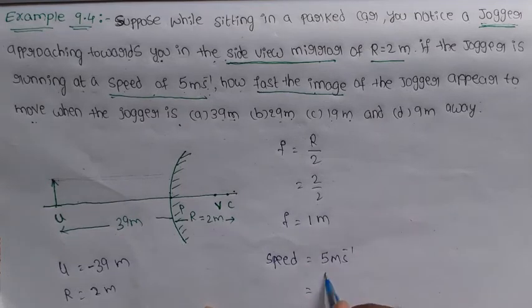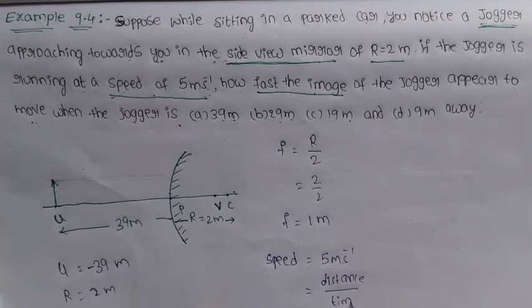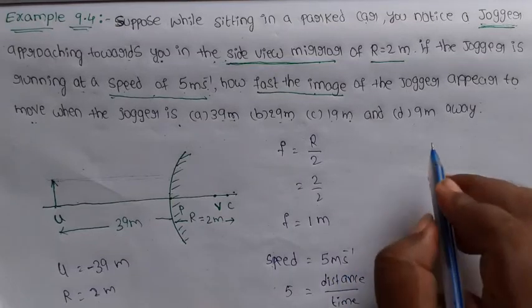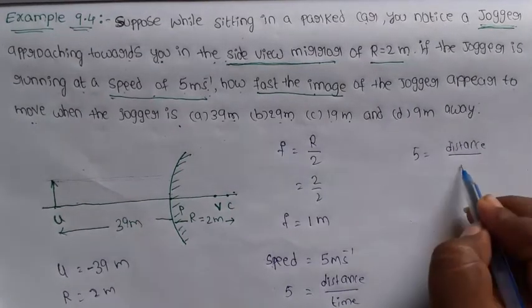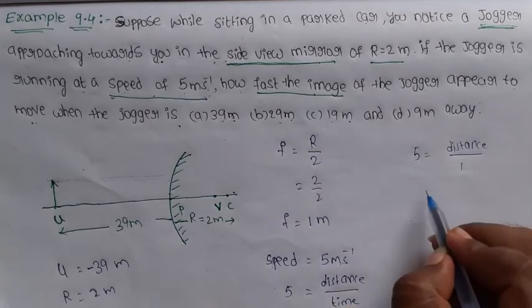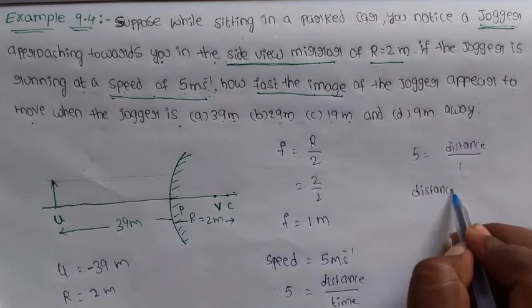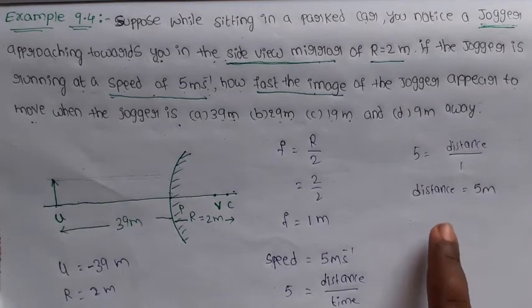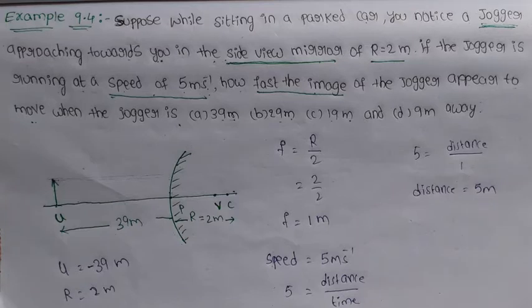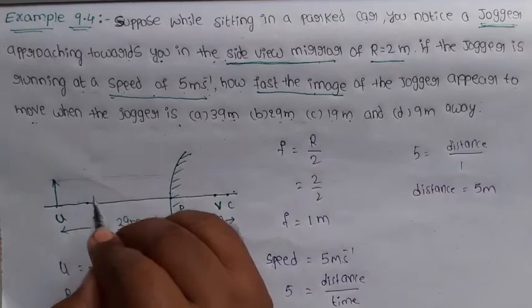Speed equal to distance by time. Speed is 5 meter per second, time is 1 second, so 5 equal to distance by 1 second. So distance equal to 5 meter. In 1 second the jogger moves 5 meters, so I am taking a 5 meter distance here.